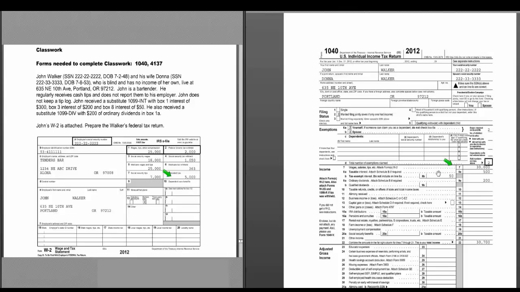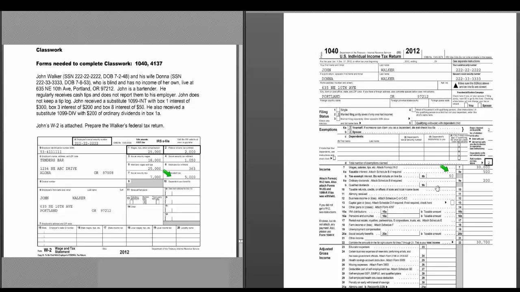Let's move on to line 8A. That's $500. That's interest, the box 1 interest of regular interest, and the box 3, which is bond interest. Both of those are fully taxable on the federal return, so we enter the $500 on line 8A. We also told you that you have box 8 interest of $50.